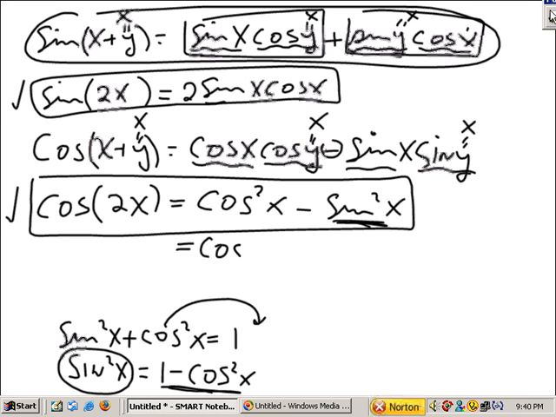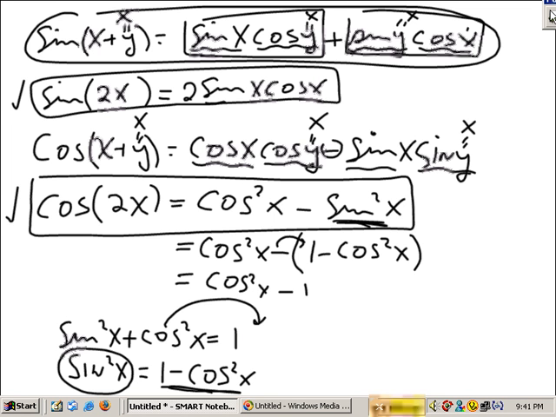This is cosine squared x minus 1 minus cosine squared x. Well, this is cosine squared x. I have to take away 1, I just did, at least I denoted it, and I have to take away a negative cosine squared x. Well, taking away a negative is the same as adding a positive.